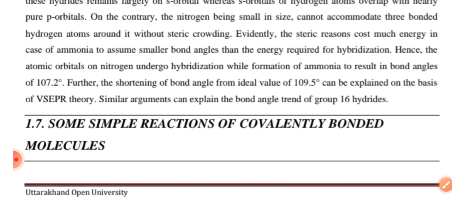Hence, the atomic orbitals of nitrogen undergo hybridization during formation of ammonia, resulting in a bond angle of 107.2 degrees. Further, the shortening of the bond angle from the ideal value of 109.5 degrees can be explained on the basis of VSEPR theory. A similar argument can explain the bond angle trend of group 16 hydrides.